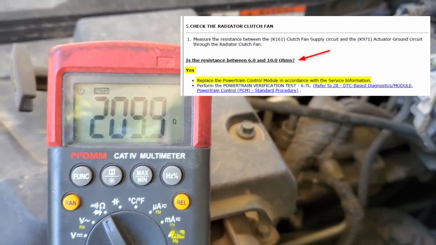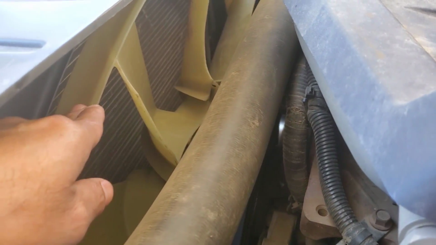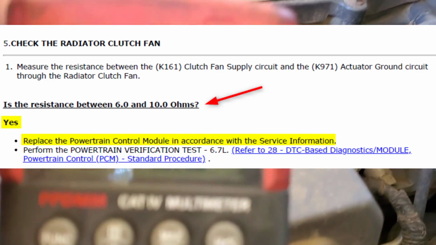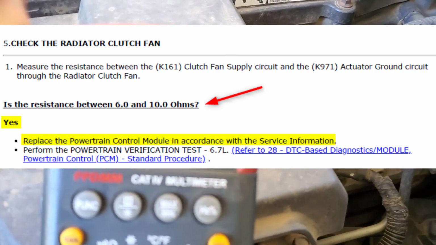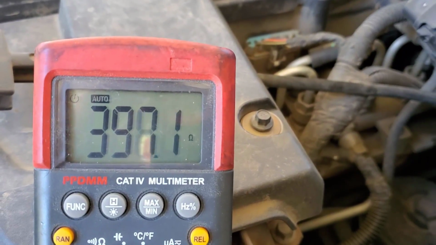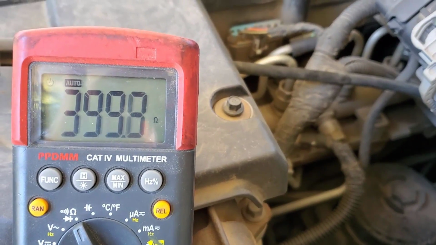But according to the flow chart, we didn't have any issues when it was cold. So this we gotta keep in mind: the driving condition has to be done when we're testing components. So this was the case here. We can see that one is going up and up. 6 to 9 ohms, I believe, said the instruction for this one.